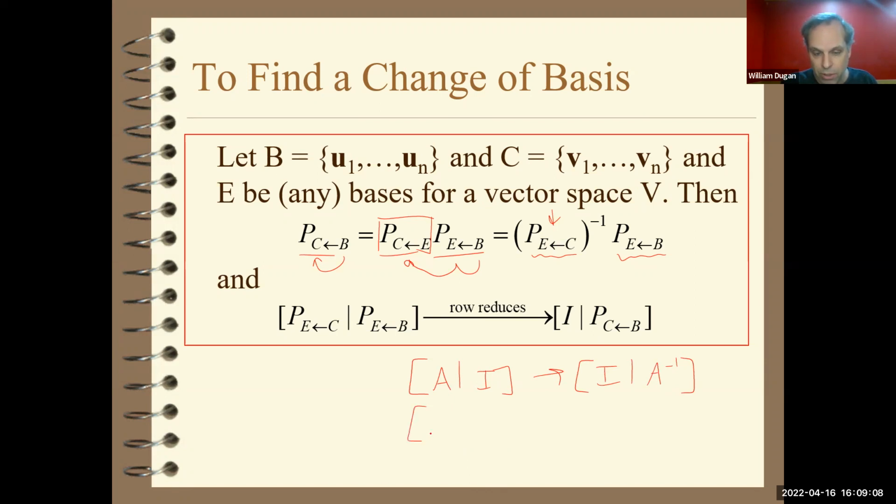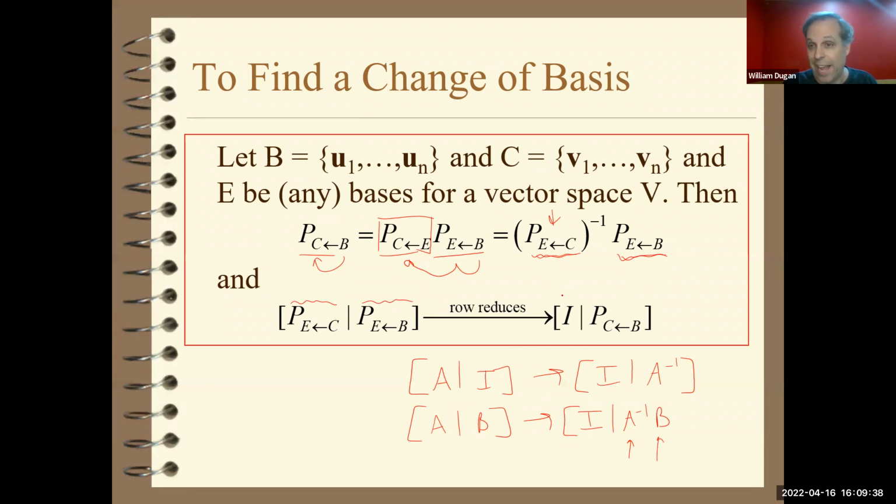If you take the matrix A and the matrix B and row reduce it, assuming that A has an inverse, the left-hand side would become the identity, and the right-hand side of that line would then be A inverse times B. So if you want to find the inverse of this matrix times that matrix, that's what A is and what B is. The technique is: here is A, here is B, row reduce it.